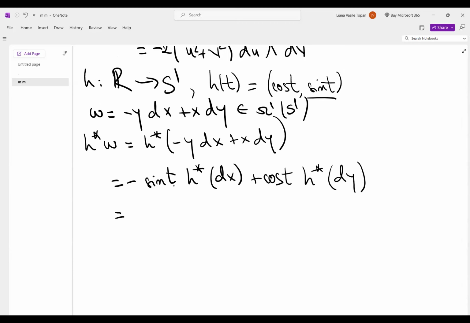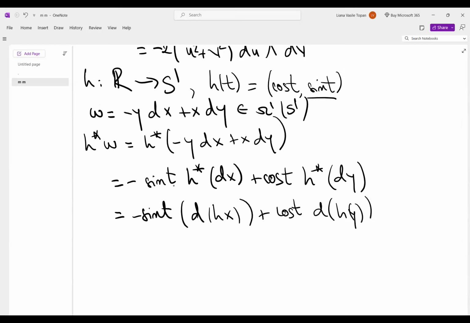Now h star in d commute, so that's minus sine of t, d of h of x, plus cosine of t, d of h of y. So that's minus sine of t, differential of h, this is, it's a star here, so I commute with star.